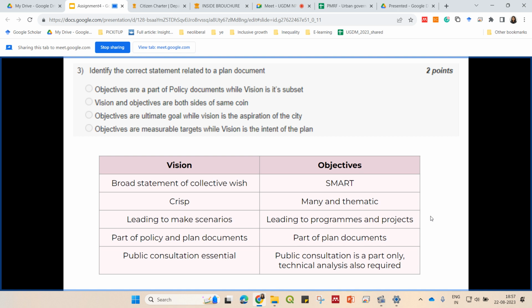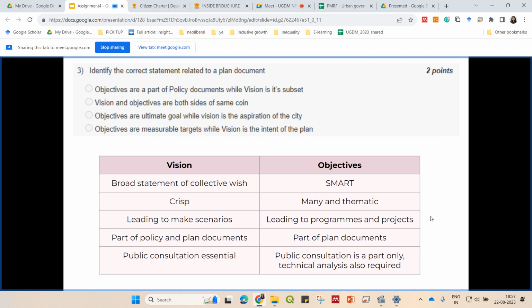While objectives, they lead to formulation of programs and projects. So in order to fulfill that scenario, what are the programs and projects we need to undertake? Those are the things that are formulated by the objectives. Vision is a part of policy and plan documents, while objectives are a part of plan documents.